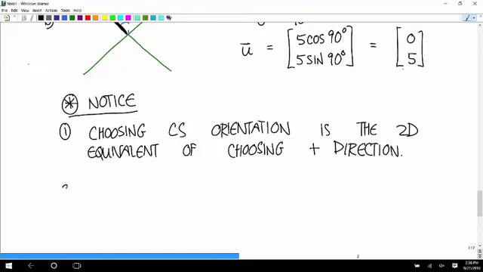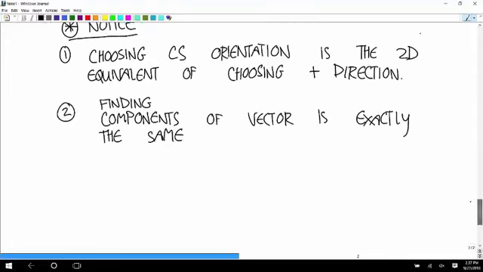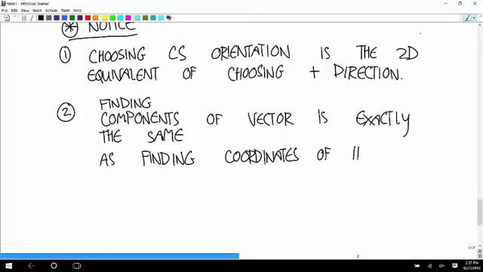And the second thing to notice is that finding the components of a vector is exactly the same thing as finding the coordinates of the head of the vector when the tail is at the origin.